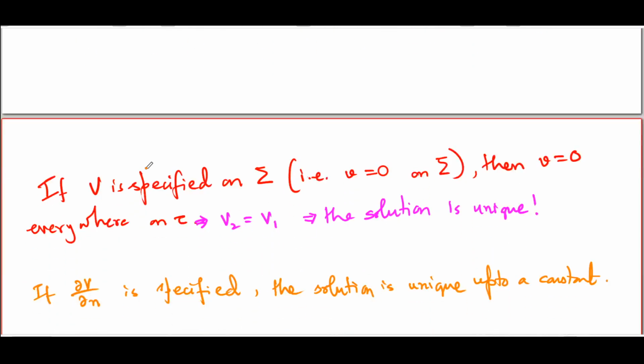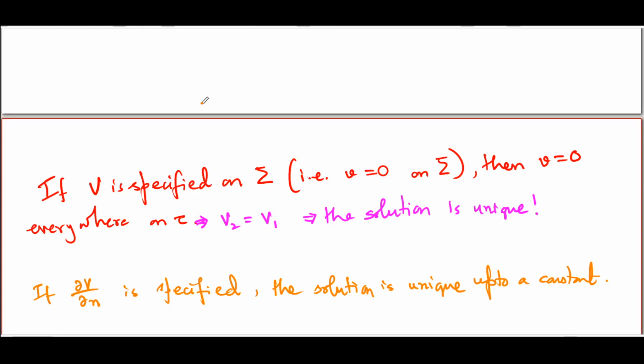Then del small v del N will have to vanish, and that of course does not imply that small v has to vanish. In this case, all we can say is that the two potentials V2 and V1 can at best differ by a constant. So here the potential is almost unique up to a constant.